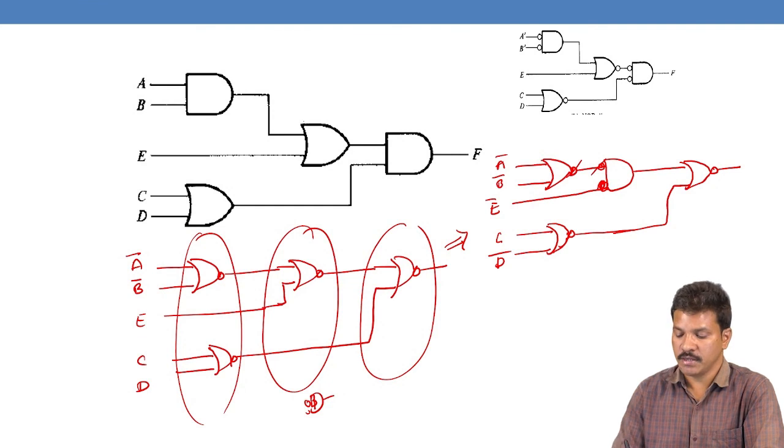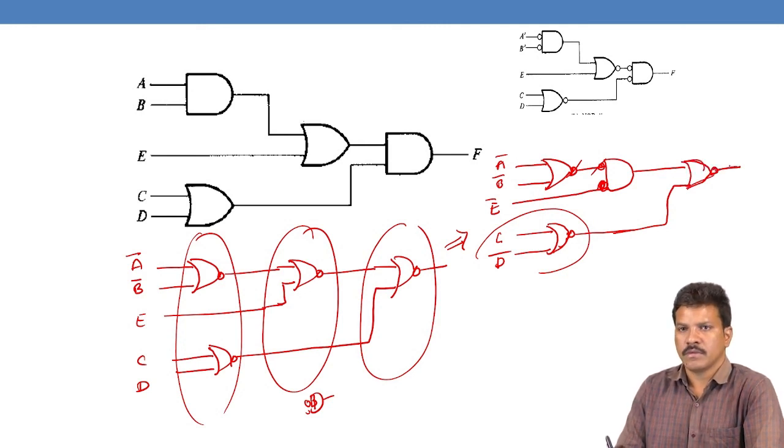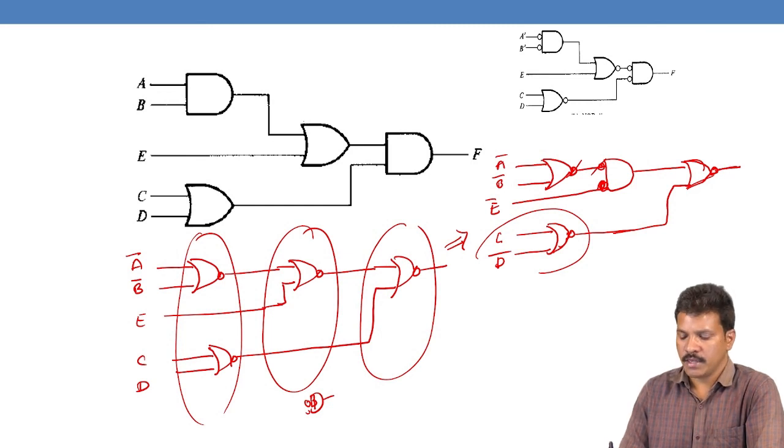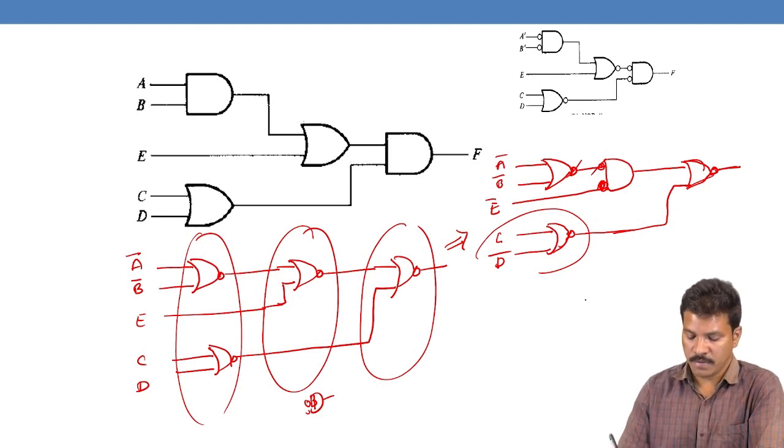So in this case, for this expression, this is the second level. We can take the multi-level diagram and convert it to this one.